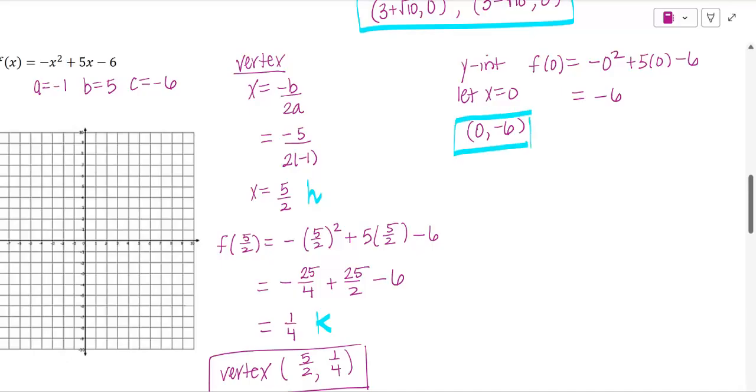And then for our x-intercept, let's see if we can factor this. We want to solve the equation 0 equals negative x squared plus 5x minus 6. It's helpful to factor the negative sign out into the front.